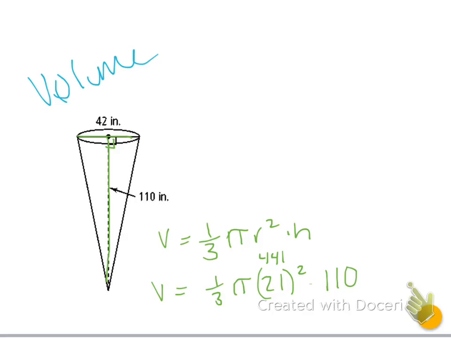So we multiply 441 times 110 times that 1/3. And we're going to leave it in terms of pi. So V equals 16,170 pi inches cubed, because we're leaving it in terms of pi.